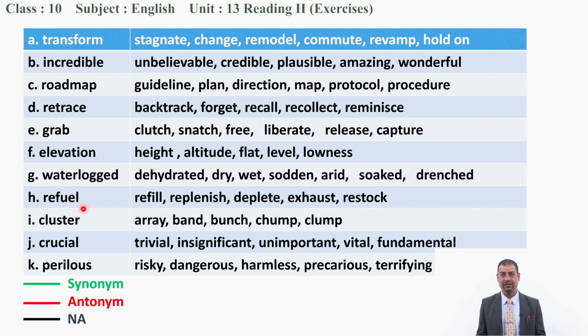Now refuel: refill, replenish, deplete, exhaust, restock. Then again in I, cluster: array, band, bunch, chomp, clump. Then crucial: trivial, insignificant, unimportant, vital, fundamental. And the last word for you is perilous, and the words are risky, dangerous, harmless, precarious, terrifying.